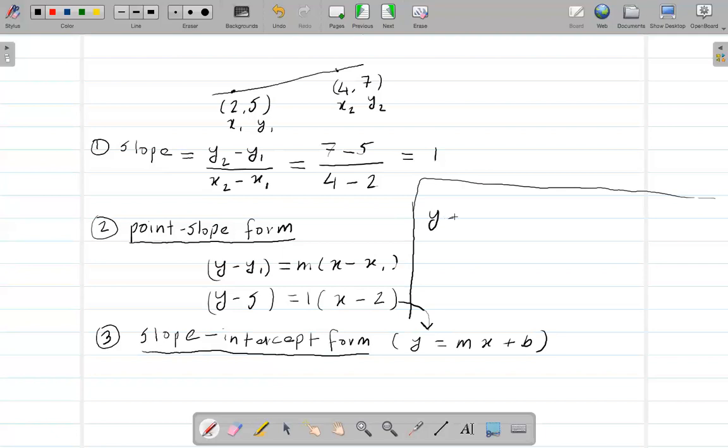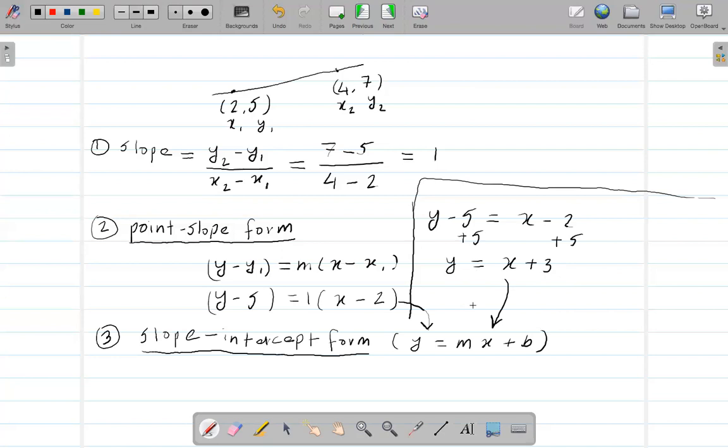So y minus 5 is equal to x minus 2, and then move this 5 to other side, or just add 5 on both sides. So then on left hand side, we just have y is equal to x plus 3, right? So this is now in this form, slope-intercept form, right? Because we have y is equal to mx plus b. So here m is 1, right?